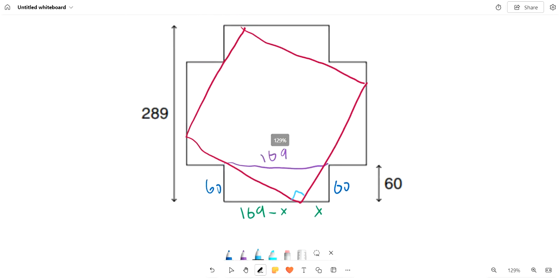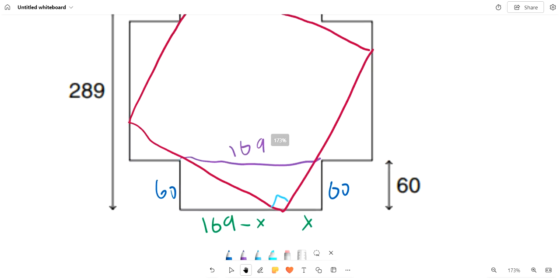And so now we have an equation to satisfy this part where this part intersects here and this long part intersects here.